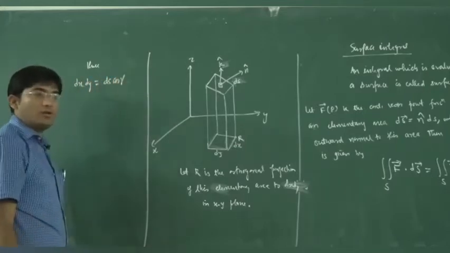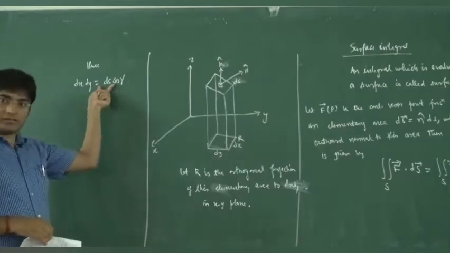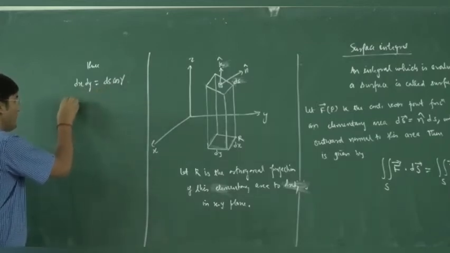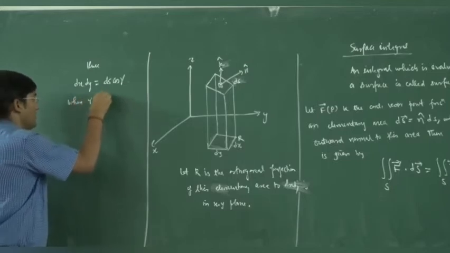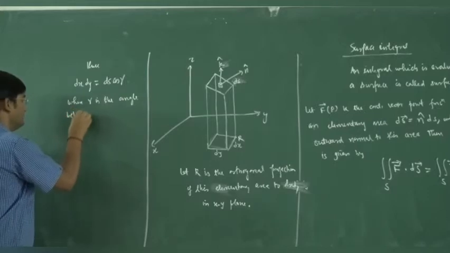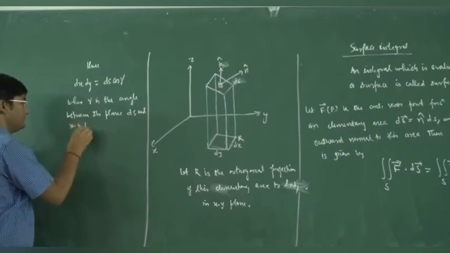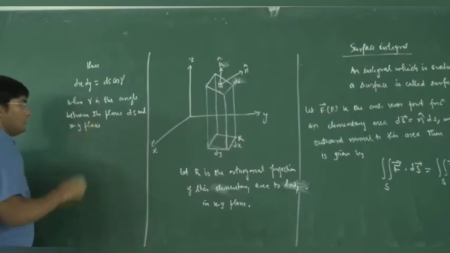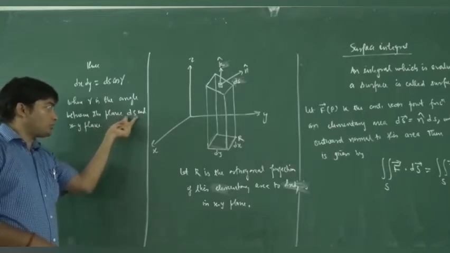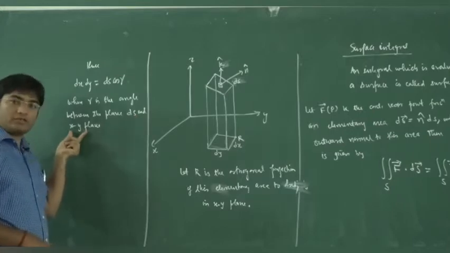Now what is cos gamma? Your gamma will be the angle between the planes of ds and dx dy, where your gamma is the angle between ds and xy plane. Now the normal vector to this ds is your n cap and the normal vector to this xy plane is k cap.